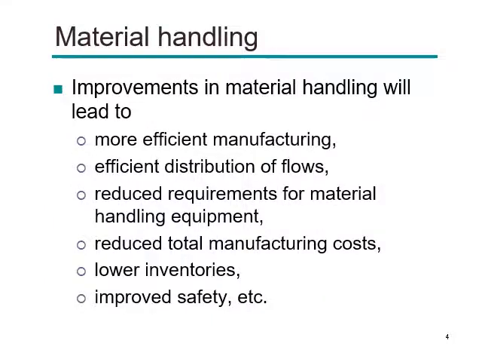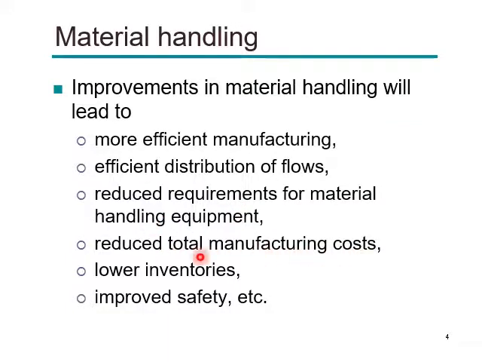Having these statistics, we can see what we will obtain by improving our material handling system. We can say that with such an improvement, we will have a more efficient manufacturing. We will have a more efficient distribution of flows. The requirements for the material handling equipment will be reduced.